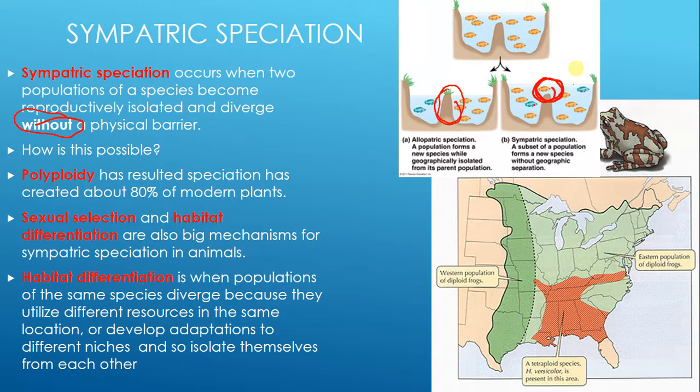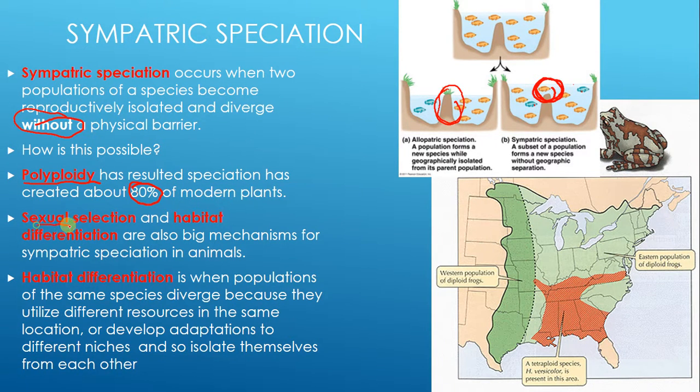Meiotic events didn't happen, so we didn't have segregation of homologous chromosomes, and an organism ended up with tetraploid 4n instead of 2n, and that led to immediate reproductive isolation because those tetraploid organisms couldn't mate with their other diploid members, and so new species evolved. This is rather rare in animals, but in plants it's super common. Almost 80% of modern plants have evolved by polyploidy.